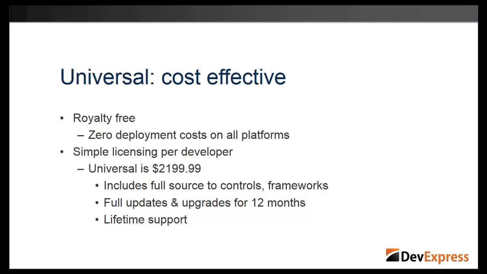Universal is $2,199.99 and includes all source code to the controls and the frameworks, and gives you all of the updates and upgrades for the next 12 months, and lifetime support as long as you are still using the product. At the end of the 12 months, we send you a nice little email saying, do you want to renew your subscription? Generally, it's maybe half the cost of the initial cost, or maybe a bit less.